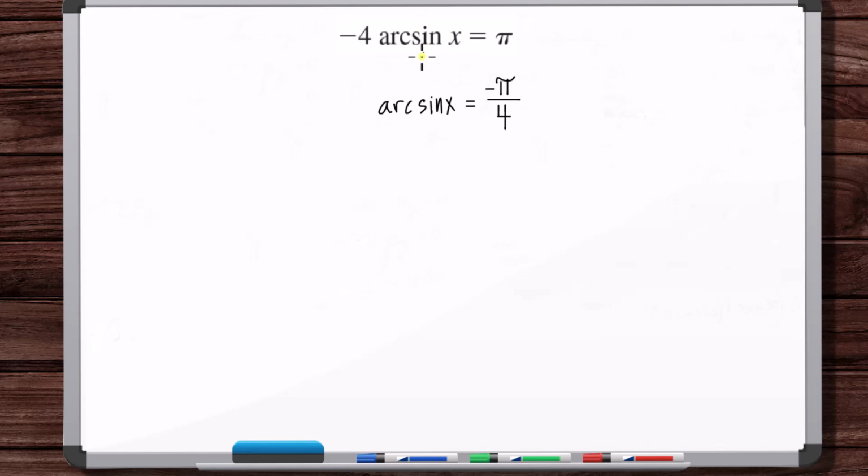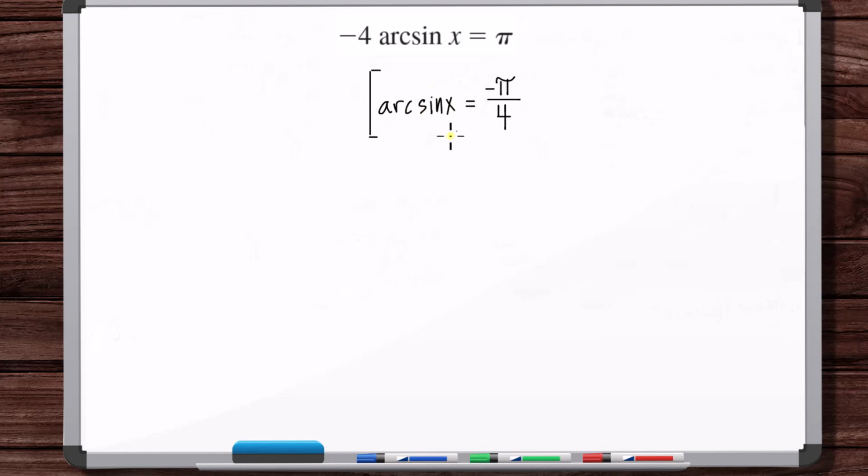Now, as we've talked about, when you see an inverse trig function and it's given to you, you don't introduce it into the equation in order to solve the equation, then we're thinking about this as the true arc sine function, in the sense that its range is minus pi over 2 to pi over 2. We want to consider that as we solve these equations, but in this case it wouldn't have mattered.